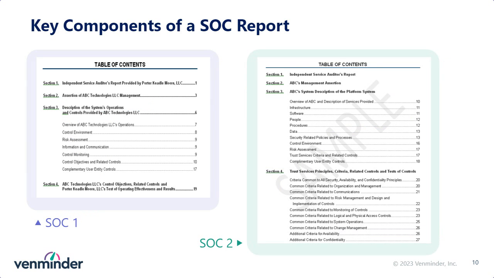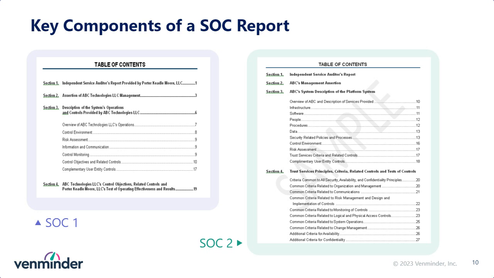Okay. So as we dive into the different components of a SOC report, it's good to know that for the most part, SOC reports are set up pretty much the same across the board. SOC 1s and SOC 2s obviously address different areas, with a SOC 1 really focusing on financial reporting and a SOC 2 primarily focusing on trust service criteria.